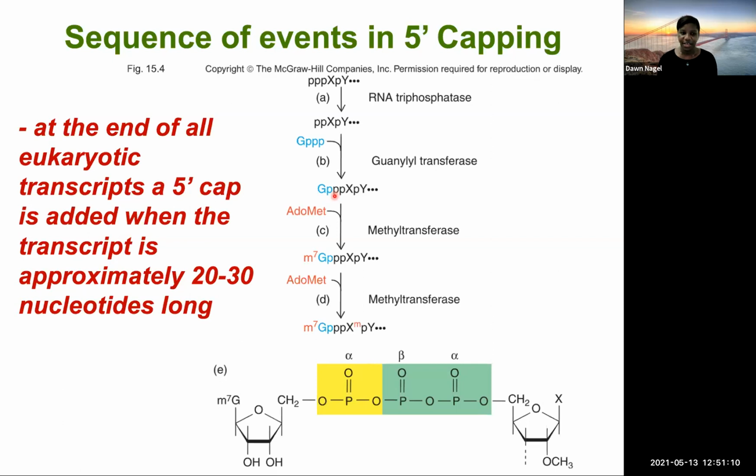And then you have a methylase that comes in and adds a methyl group to position 7 on this guanine. Okay, so then you have this methyl group that's added, this guanine group that's added, and that's what the cap is. After this happens, you can also have additional bases in that messenger RNA that are also methylated.